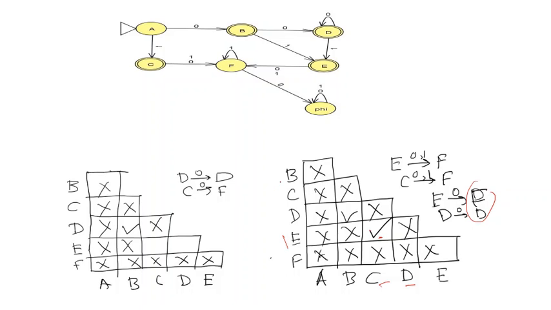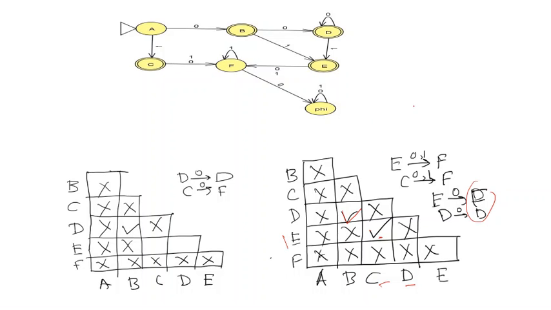So after filling all the cells in the merger table, the states having tick marks are called the indistinguishable states.